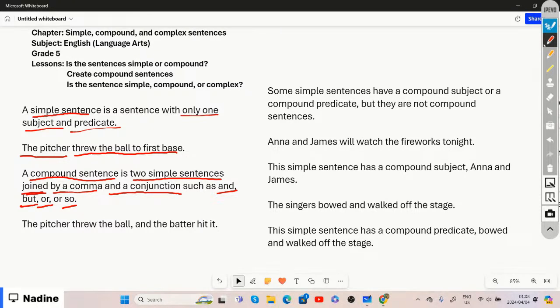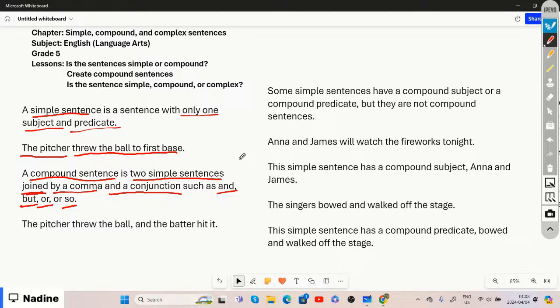And then we have a predicate, which contains a verb. That is why I mentioned threw the ball to first base. It's almost like a clause that contains a verb and it tells us something about the subject. So the predicate tells us what the subject is doing.